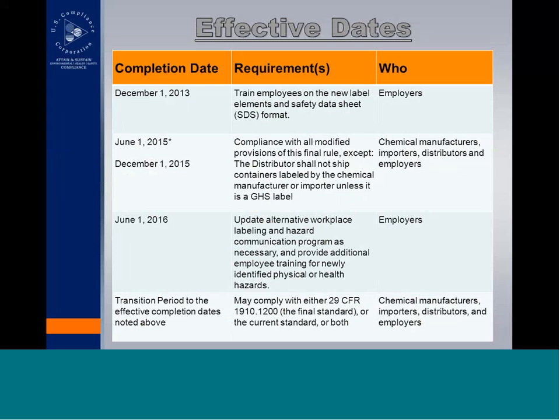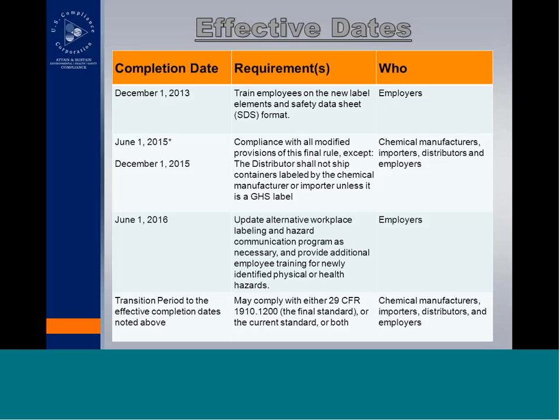As of June 1st, 2015, compliance with all modified provisions of this rule must be met. Basically, the safety data sheet should be updated, your labels should be updated, and as of December 1st of 2015, a chemical importer or distributor shall not ship containers labeled by the chemical manufacturer or importer unless it contains the GHS element.